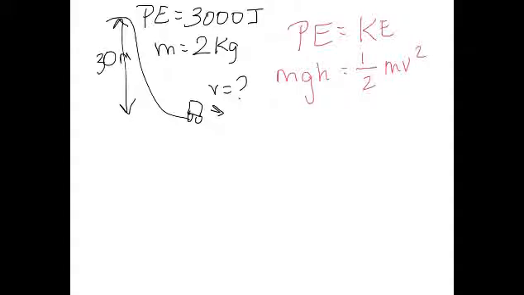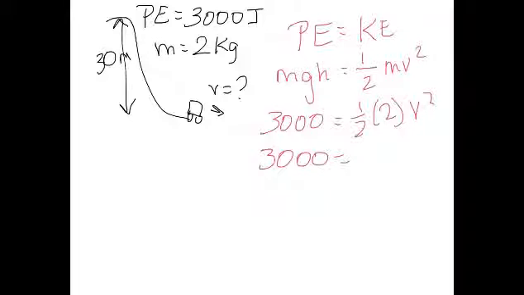Well, we know mgh is 3,000, which equals 1/2 of 2 v squared. Half of 2 is 1, so 3,000 equals v squared.